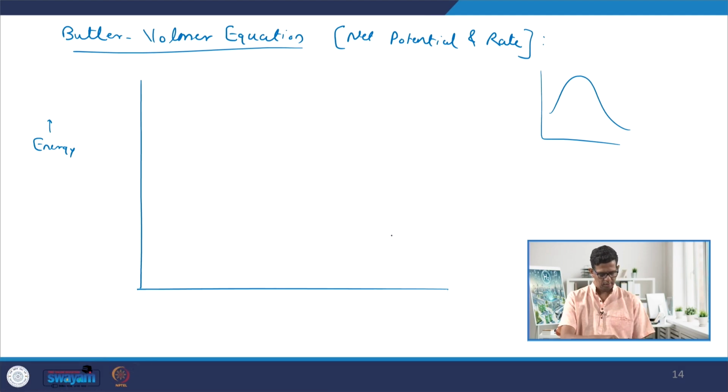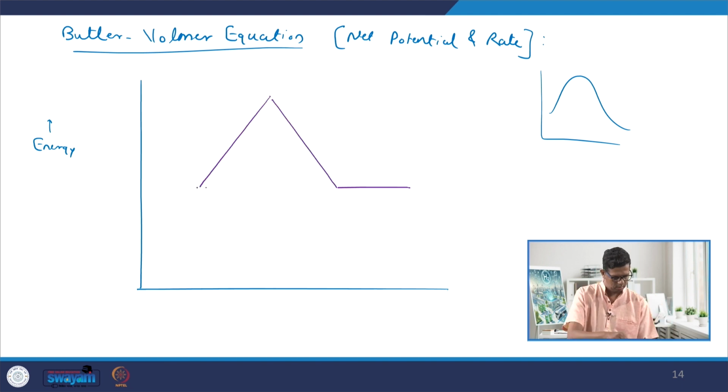So this is at the equilibrium. This is my equilibrium condition where the reaction barriers for both the forward as well as reverse reactions are equal.